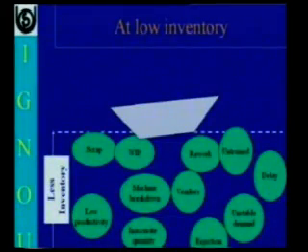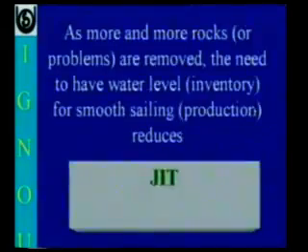But suppose you reduce the inventory. Now all these problems will come into the picture and the boat will not sail smoothly. So what are the different options? Either you keep more inventory to deal with these problems, or you can remove the rocks themselves.